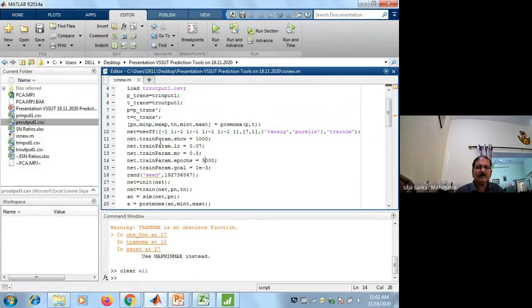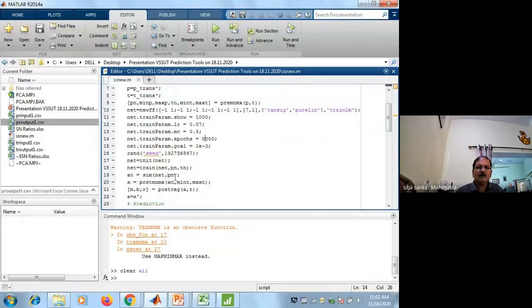Then the net is the new feed-forward neural network function that you have defined. First you have initialized, then you have given the training. After the training, you simulate. Once you simulate, the output will be generated. You normalized previously, so then denormalize.